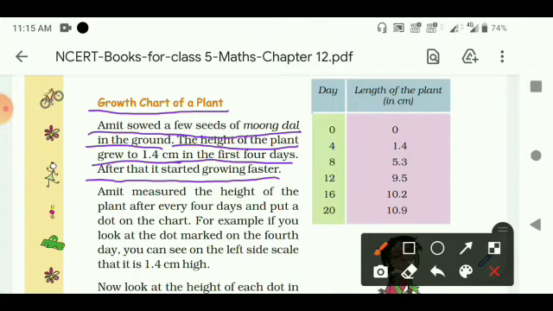Students, here you can see in this table the days are given and here the length of the plant in centimeter is given. In the first 4 days, it grew to 1.4 centimeter.